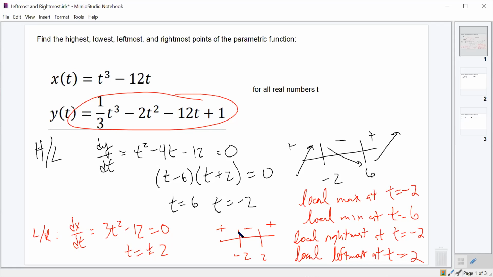And then it hits a local rightmost point and then a local leftmost point, and then the x values get very, very large as the t values get very large also. So same concept, because there are no restrictions on what x or y does as t approaches infinity and negative infinity. Okay, thank you so much.